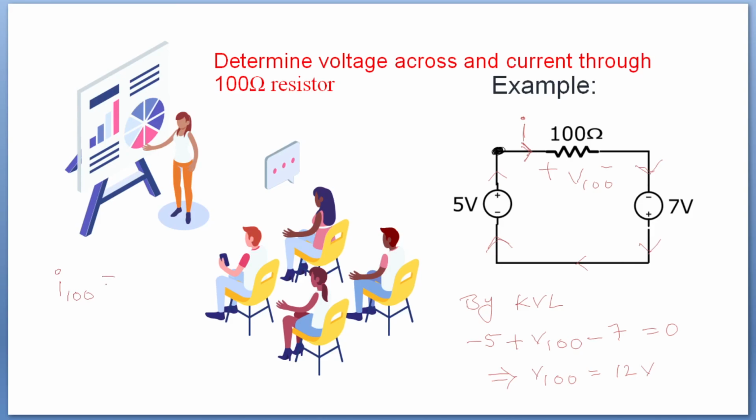That implies I is equal to V by R. What is the voltage across the 100 ohm resistor? 12 volts. We determined it. Divided by what is the resistance value? 100 ohm, which is equal to 0.12 amps.